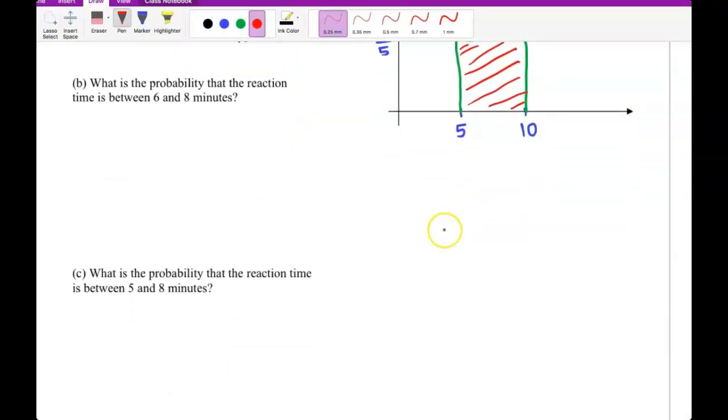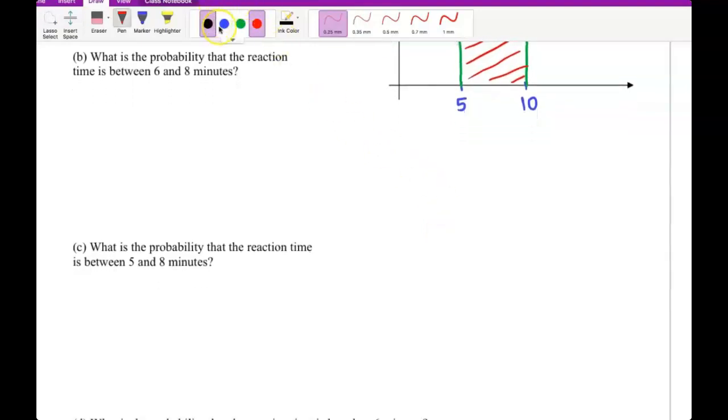Now part B, what is the probability that reaction time is between 6 and 8 minutes? Okay, so probability when X is between 6 and 8.